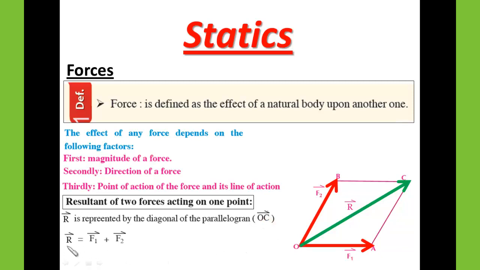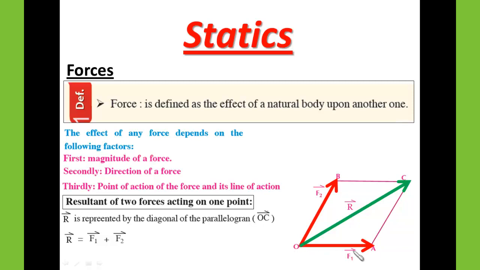So we have R equals F1 plus F2. R is a vector. The three forces here, the resultant, the first force and the second force, are three vectors. So R equals F1 plus F2. Note that the line segment OA plus line segment OB does not equal the line segment OC.